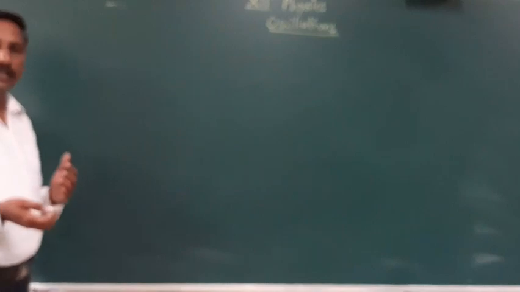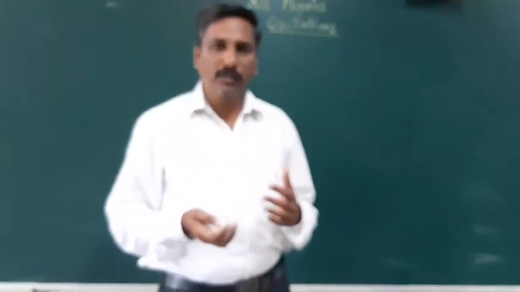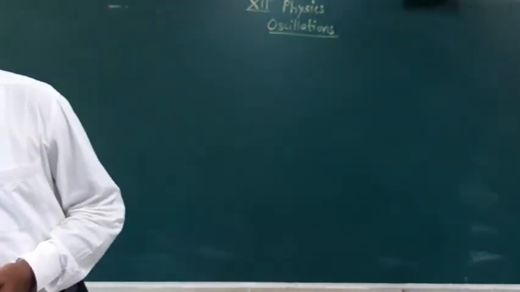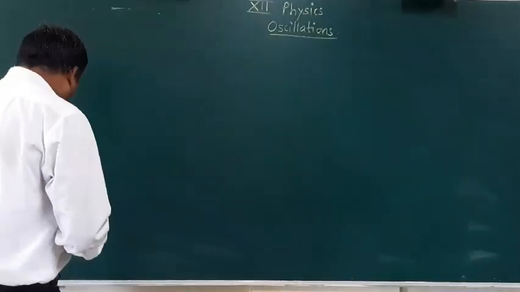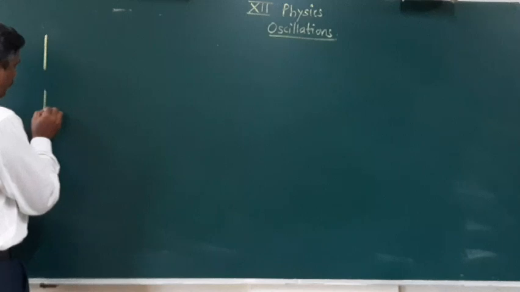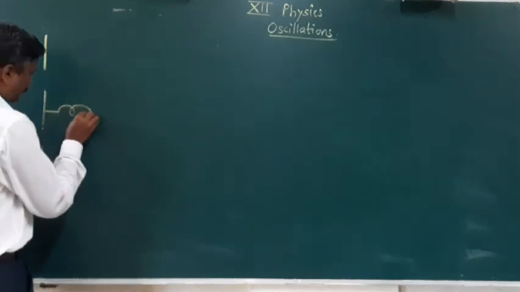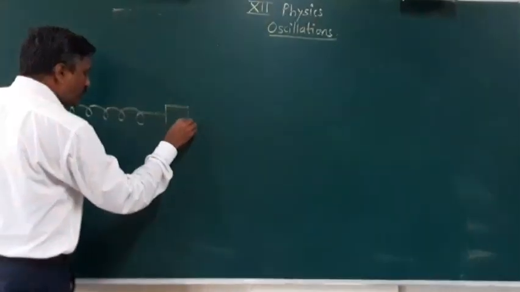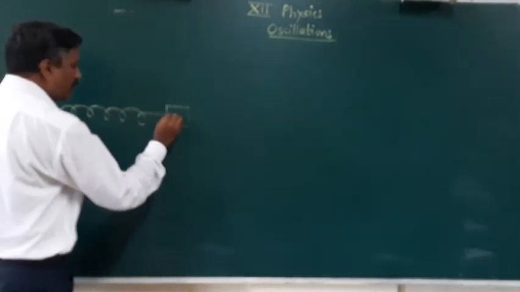Before writing the differential equation of linear simple harmonic motion, let us see three simple cases. One spring is attached to a rigid support, and fixed to it is a block whose mass is small m.